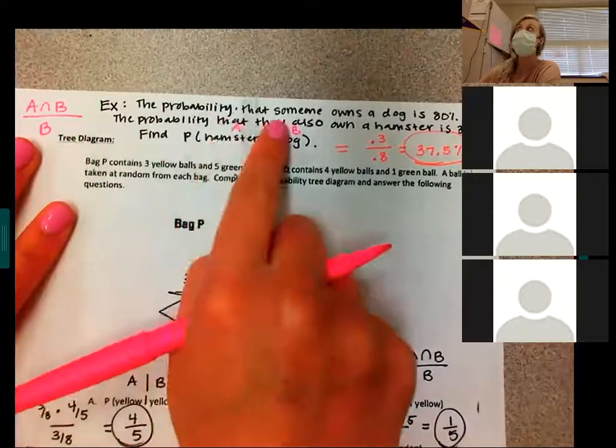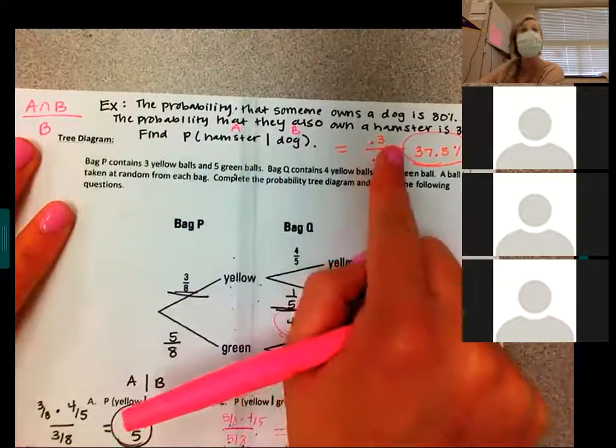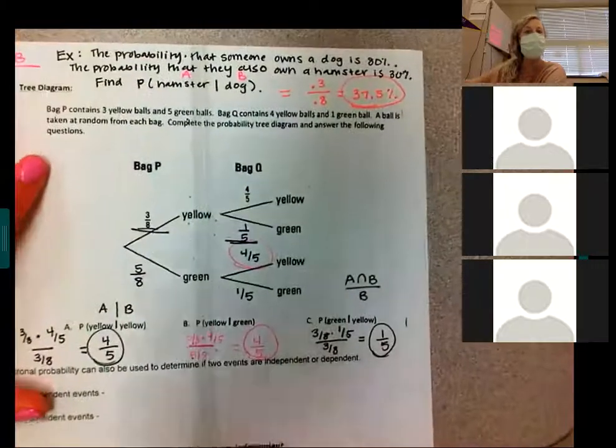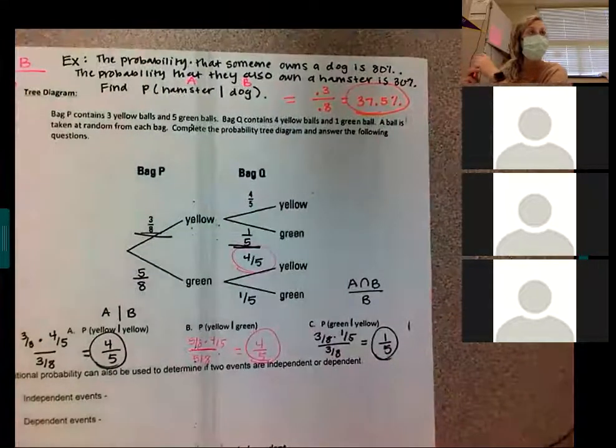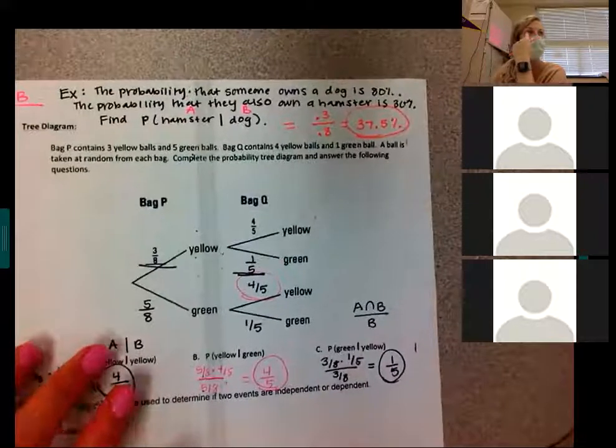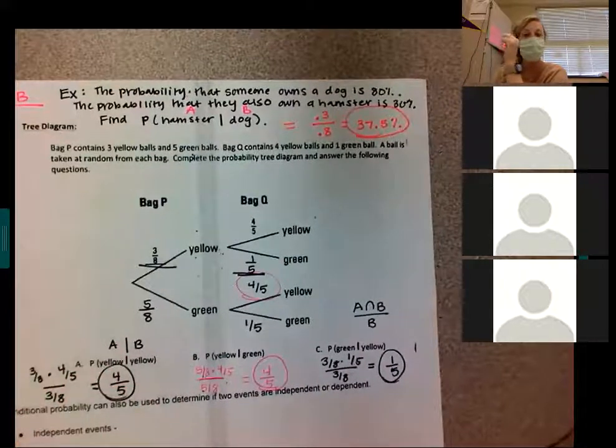So if it says the probability they also own a hamster, that means they own a dog too. So that's the and right there, 30%. That's okay. I gave you the words a little tricky. They give you symbols, that's really easy because y'all know what they mean. Trying to give you all types of examples so you're prepared for your practice classwork on Monday.